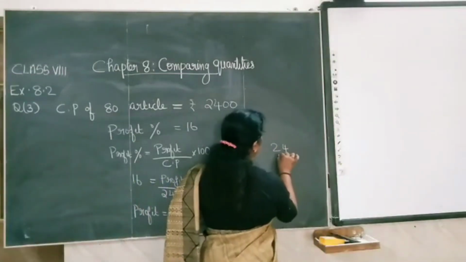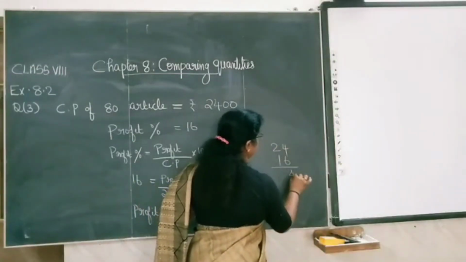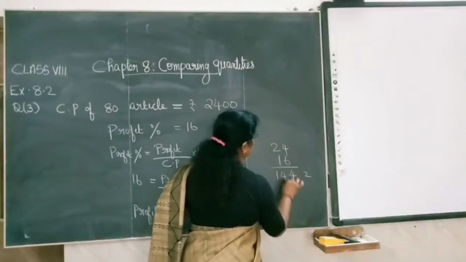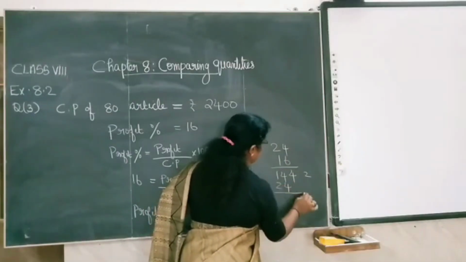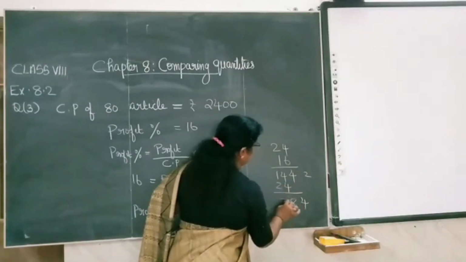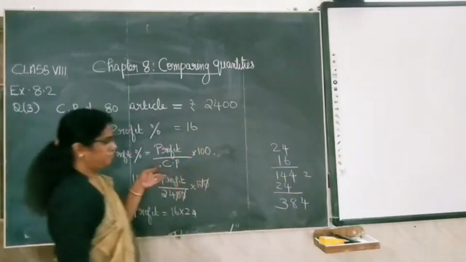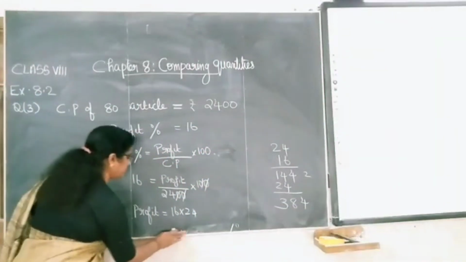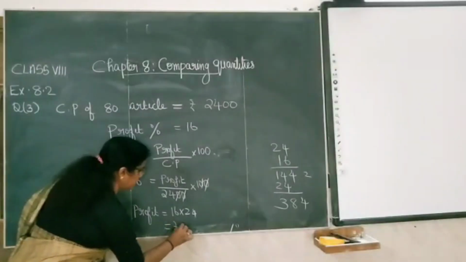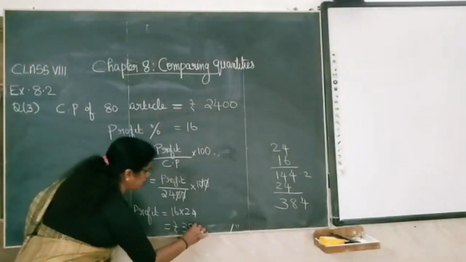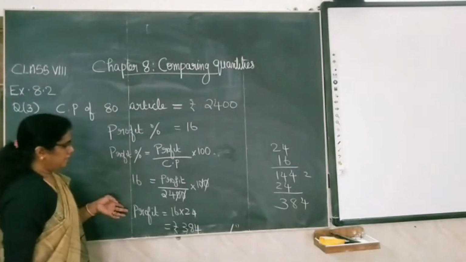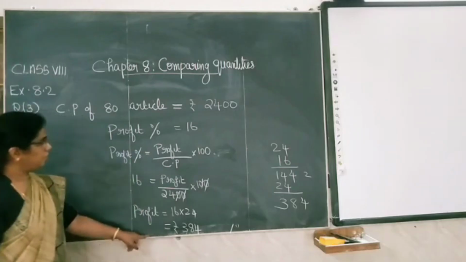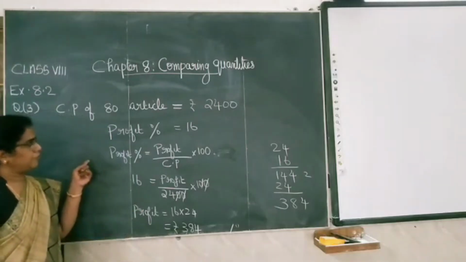That is 24 multiplied by 16, 384. 384 will be the profit. So rupees 384. Now we got the profit and cost price.